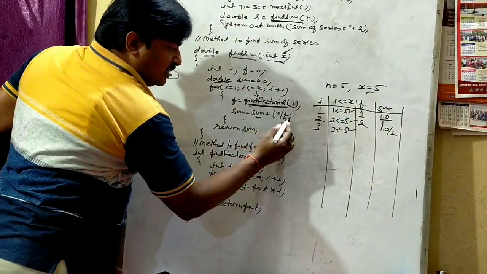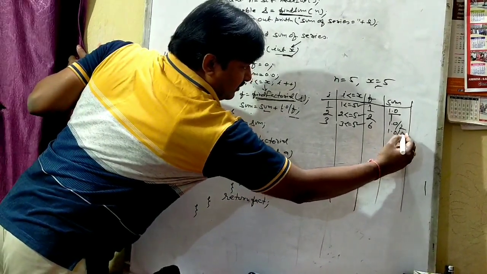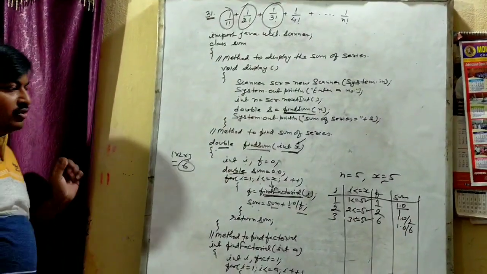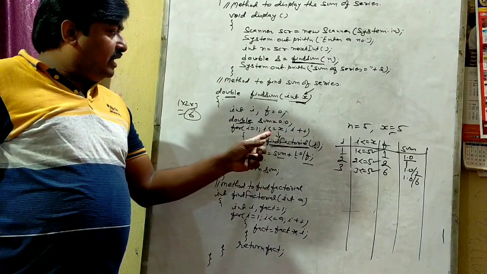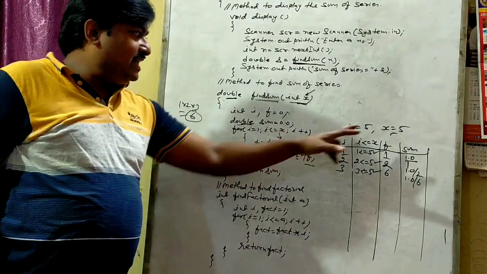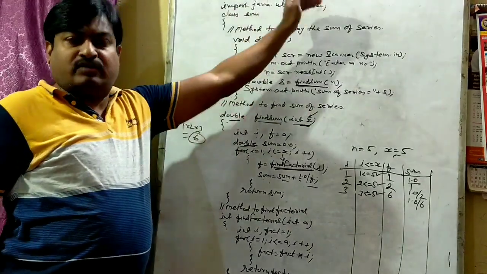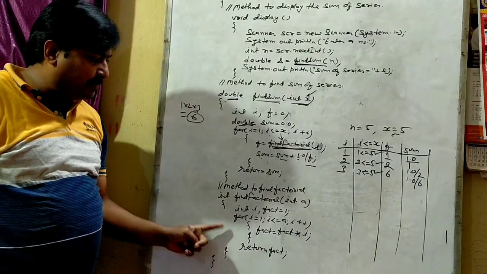Sum equal to sum plus 1.0 by f, and the value of f is 6. This way this term will be calculated. So students, this loop goes up to x, that is up to 5, and till 5 the sum will be calculated. Now see what happens inside the function factorial.